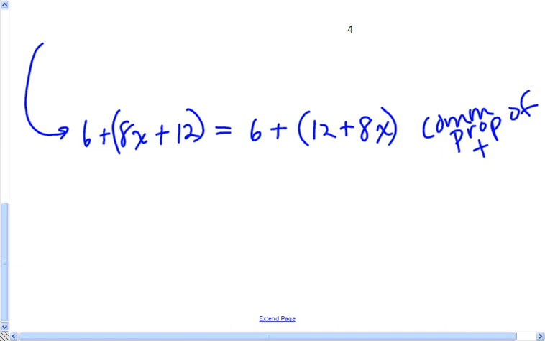So we have the commutative property of addition. Now I want to add the 6 and the 12 together first, so I'm just going to regroup it this way, plus 8x. And when you regroup, that's the associative property of addition.